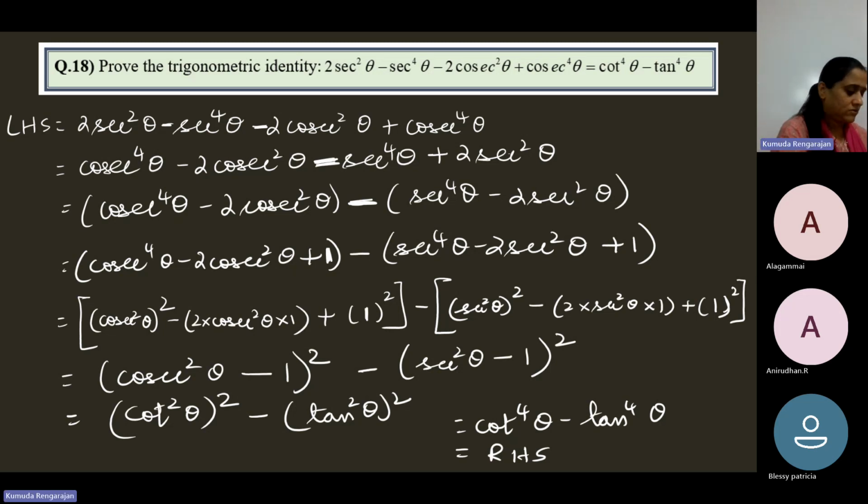So 15 will be 225 and 34 will be 289. Yeah, 17. So 5 of x square. Yeah, correct. 514. So I wrote 514 into 4 perimeter. No, you take it as I'll tell you.